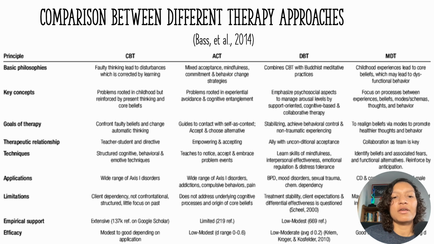The article is called A Comparison Between Dialectical Behavioral Therapy, Mode Deactivation Therapy, Cognitive Behavioral Therapy, and Acceptance and Commitment Therapy in the Treatment of Adolescents. What I like is that it really highlights the similarities across all of the approaches, and then gets at the nuances or differences. But in general, what we find is that there's way more overlap and similarity across approaches.